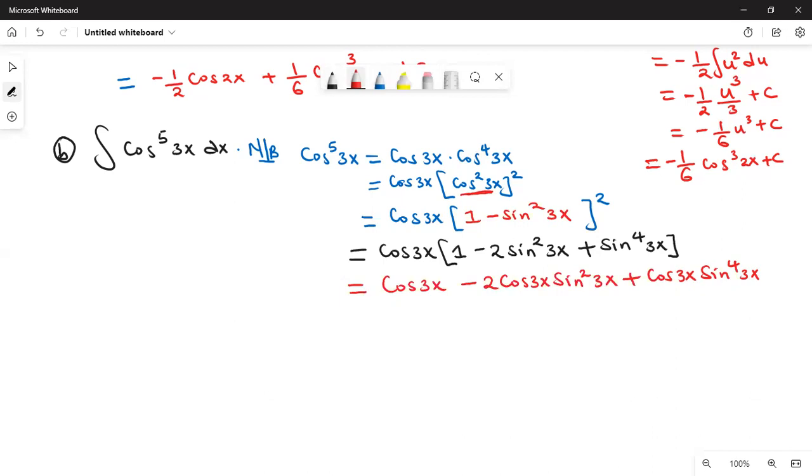Now we go back to our integral. What will it give us?